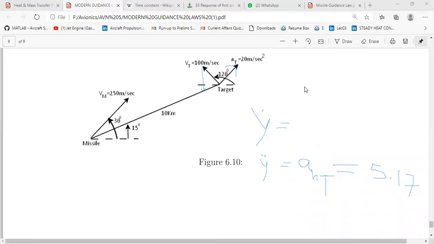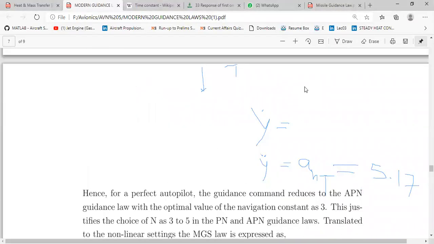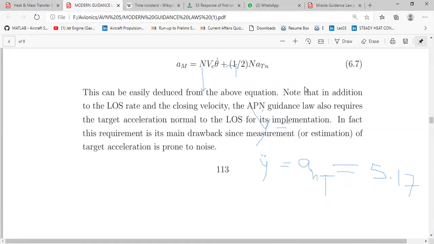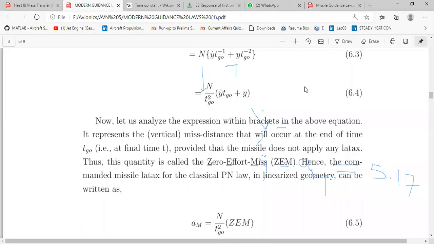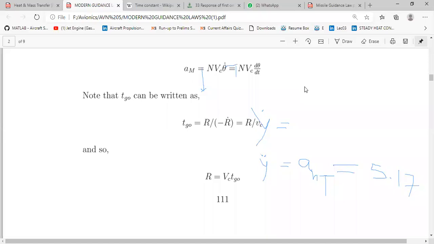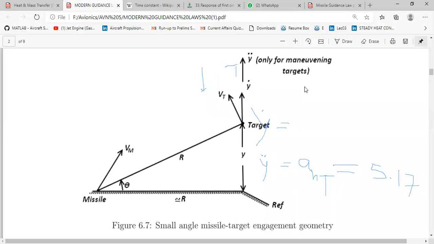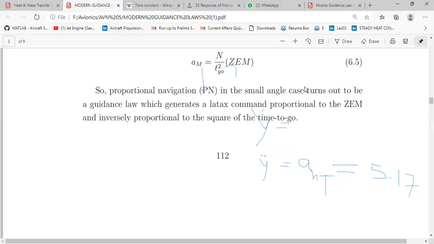Find out y dot. It is 86.6. Okay, now N is given to you.